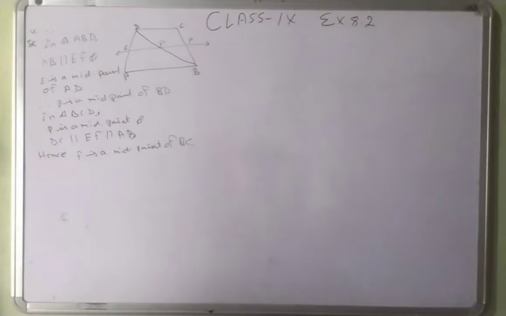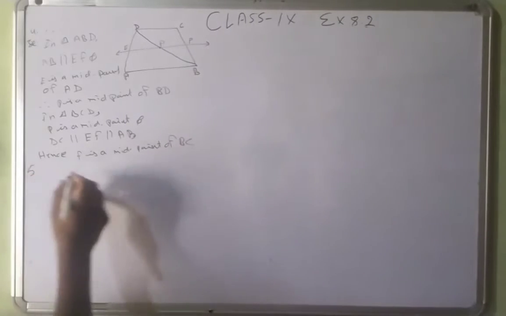Now the question number 5. In a parallelogram ABCD, as given in the diagram, E and F are the midpoints of the sides AB and CD respectively, so that the line segments AF and EC trisect the diagonal BD. First of all we will draw the diagram.